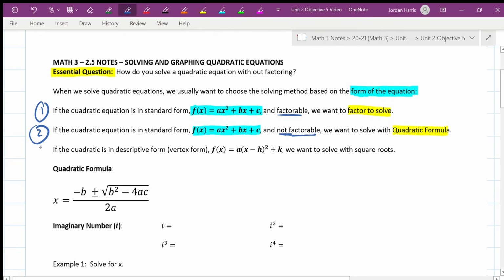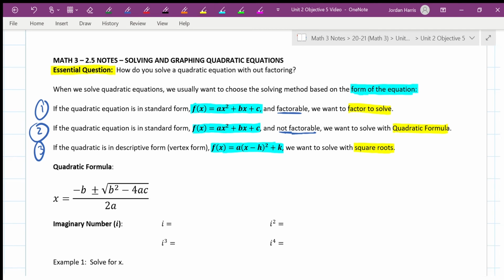And the last one, which we talked about last time, is solving when it's in vertex form or descriptive form, where it has the binomial square, the thing we usually use for graphing. If it looks like what you'd graph, that is when we solve with square roots. So we move it over, square root both sides, remember plus or minus, all that good stuff.